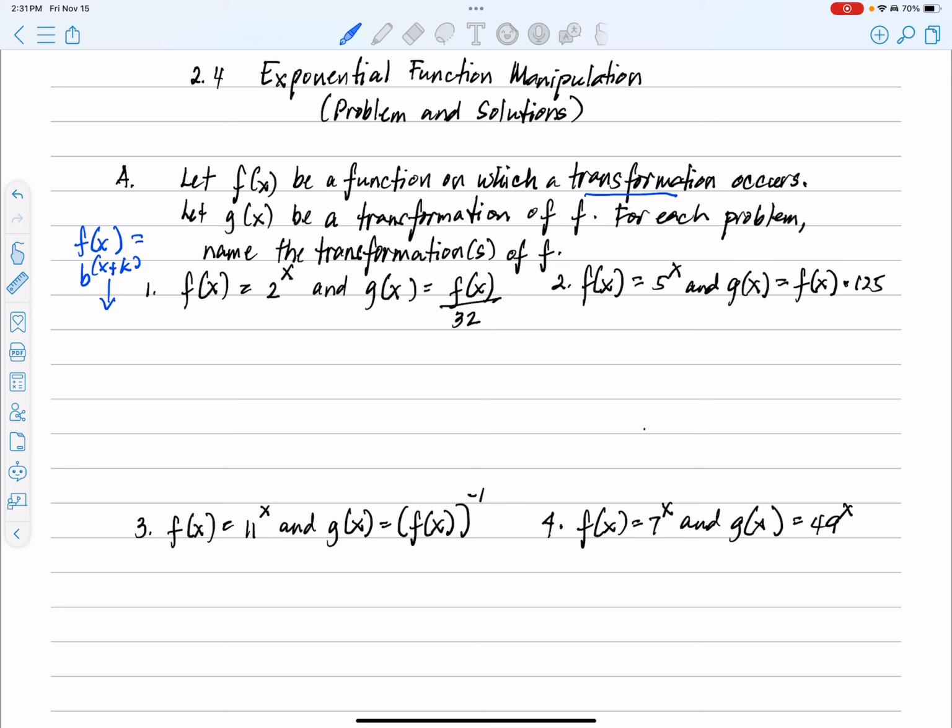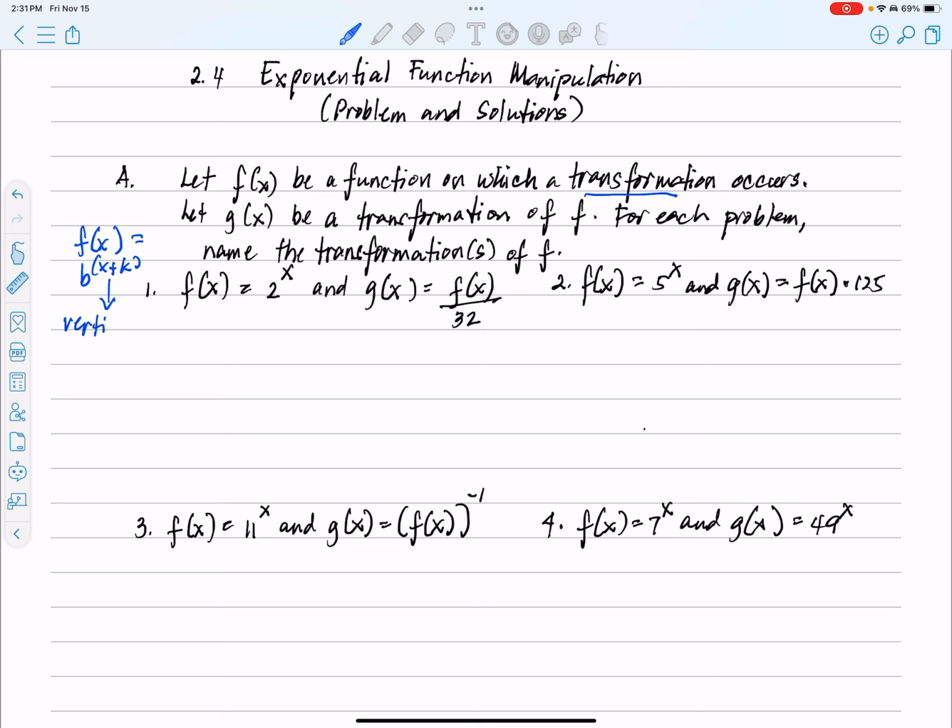Remember also that in every horizontal translation of an exponential function is equivalent to a vertical dilation.